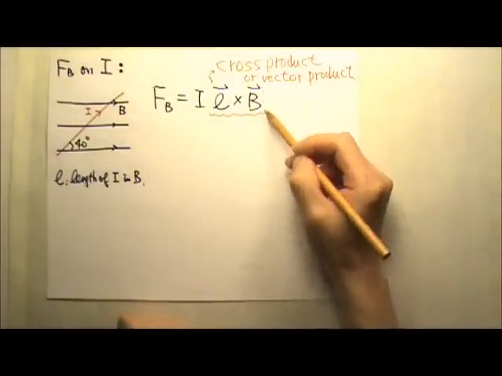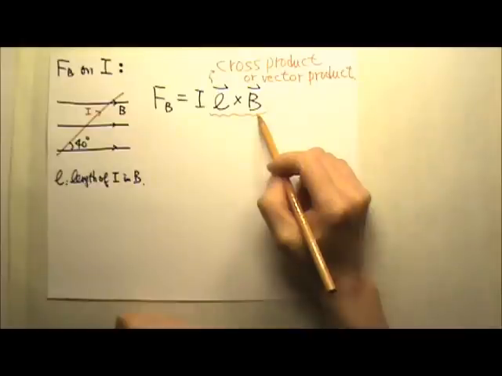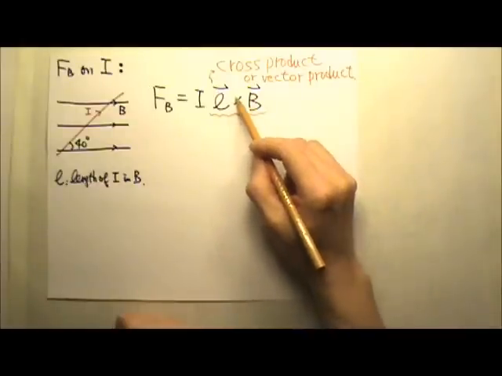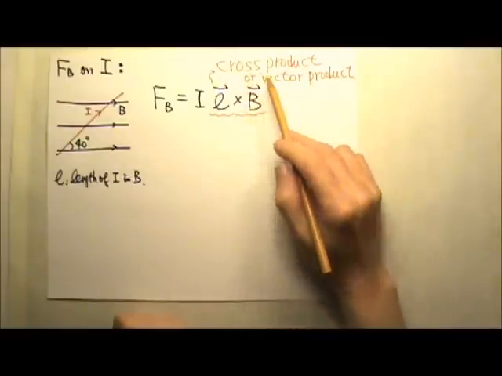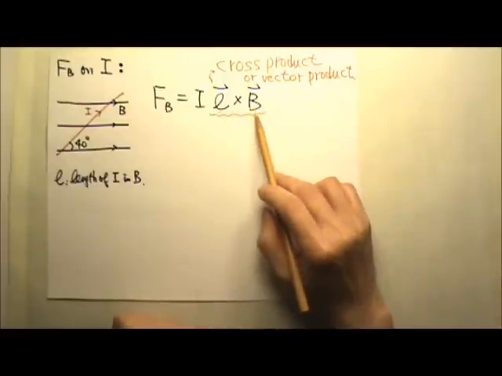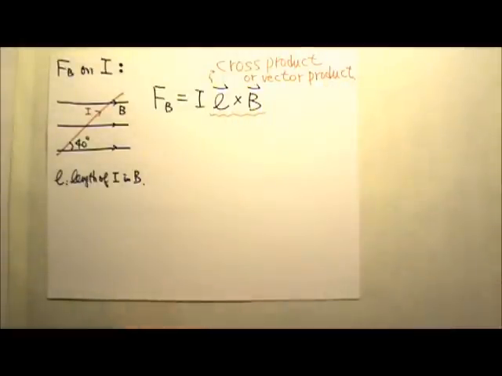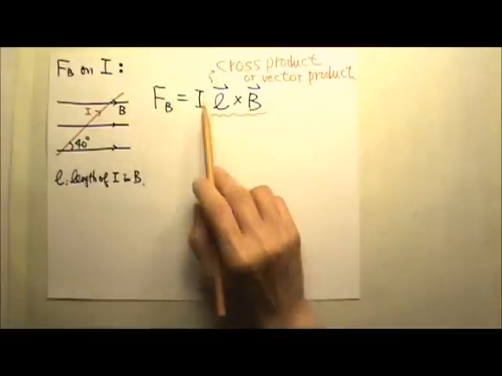The magnetic field B is also a vector. This is one way to multiply two vectors. And if we put a x over here, this is what we call a cross product. It is also called a vector product because the result of this multiplication gives us a vector. See, the force is a vector.